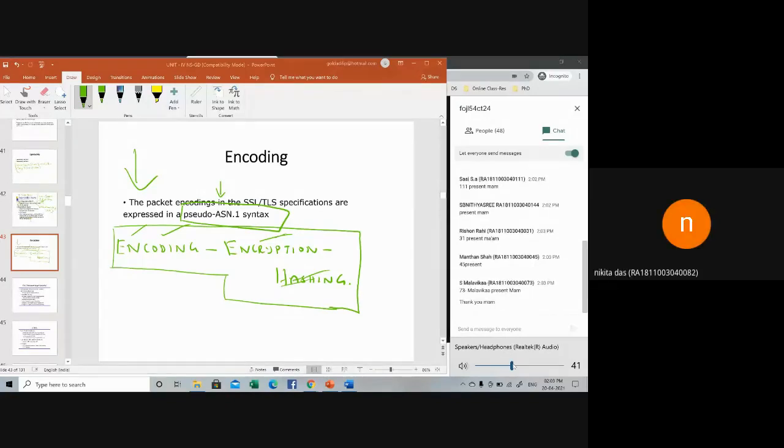Nikita. Present, ma'am. Sai Gopal. Present, ma'am. Shreya. Pradeep. Okay, noted. Gayatri. Okay, noted. Akashdeep. 89. No response. 90. Ilaraj. Present, ma'am. Sarangaraja.